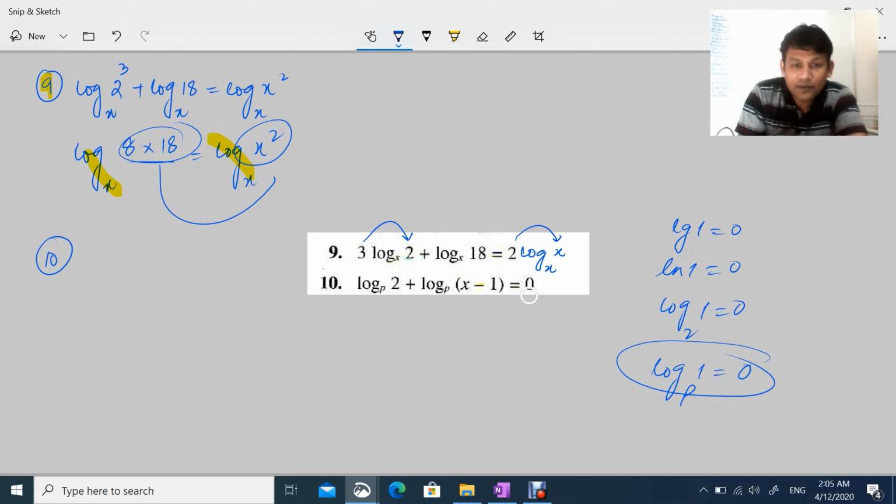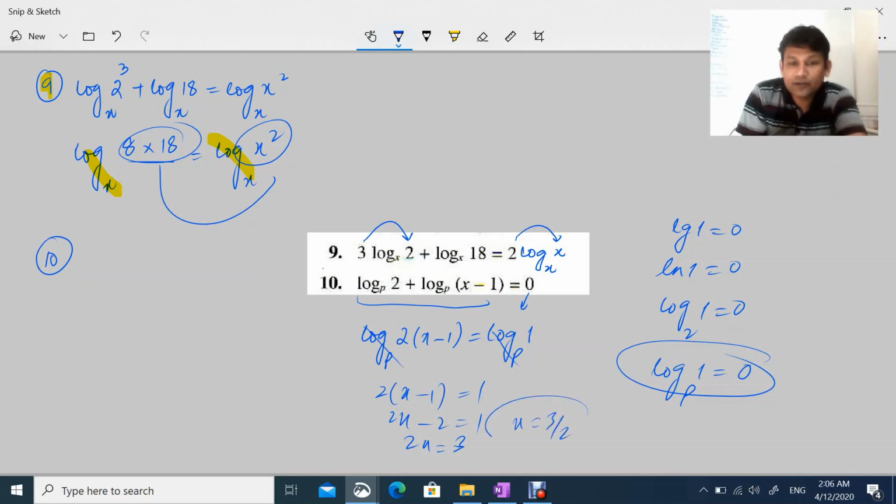So here when I write the single log, log p 2 multiplied by x minus 1, but here 0, I will write log p with 1. This is cancelled out and 2x minus 1 is equals to 1, 2x minus 2 equals to 1 and 2x is equals to 3 and then x is equals to 3 upon 2 and we get the answer.